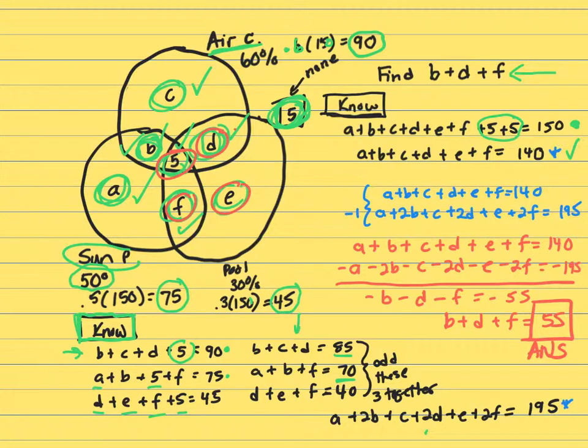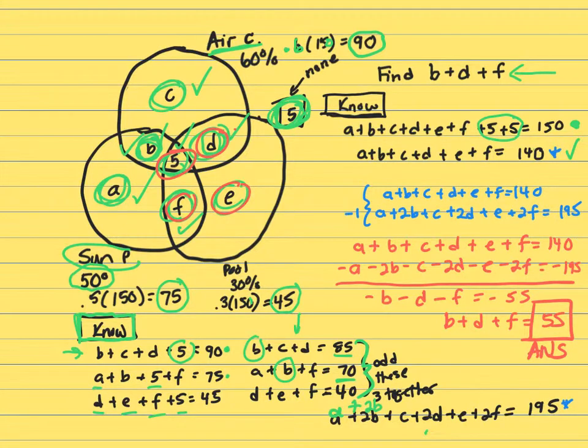So what you can't see here, then what I did is I added these 3 equations together. And if you look at these 3 equations, you only have one A. That's what's covered up here. So you got A plus, how many B's do you have? 2 B's.